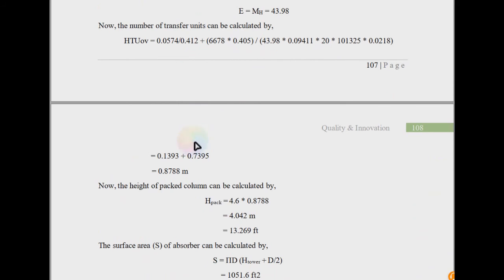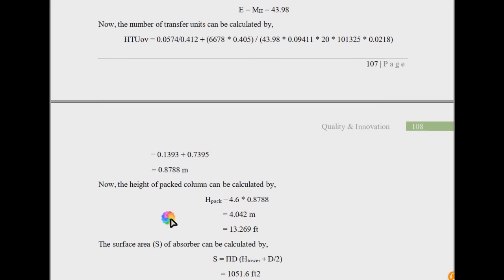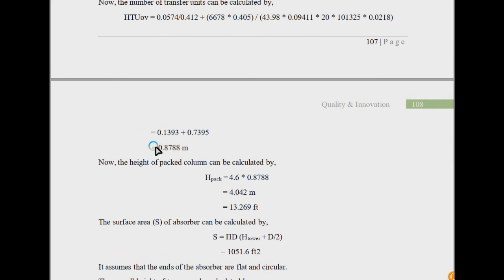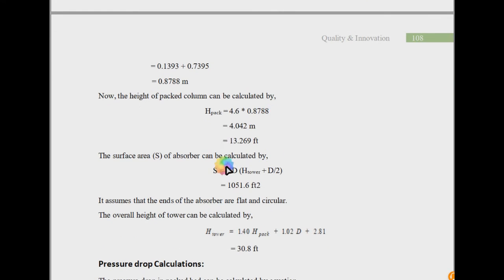From this we can calculate the overall height of transfer unit, which comes out in this case to be 0.8788. The height of packing is equal to the NTU multiplied by the overall HTU, as defined before. So it comes out to be 13.269 in my case, the height of packing.